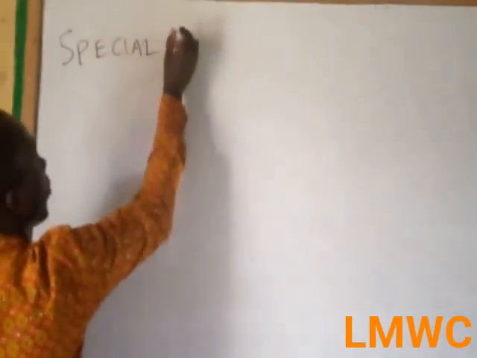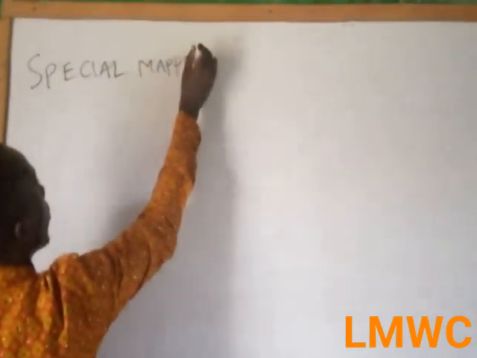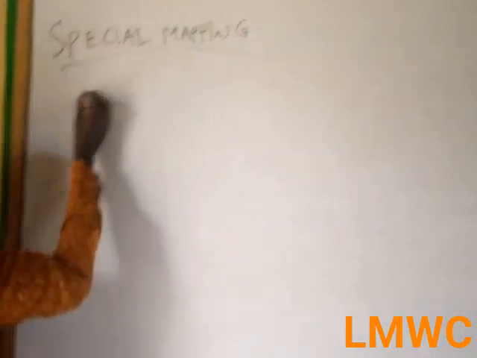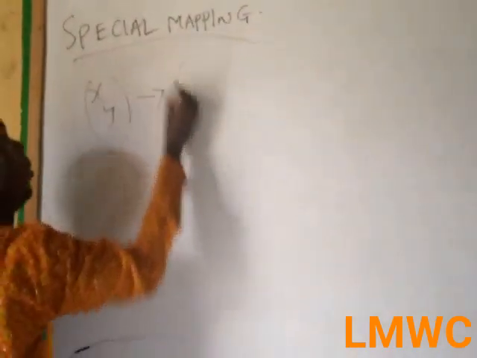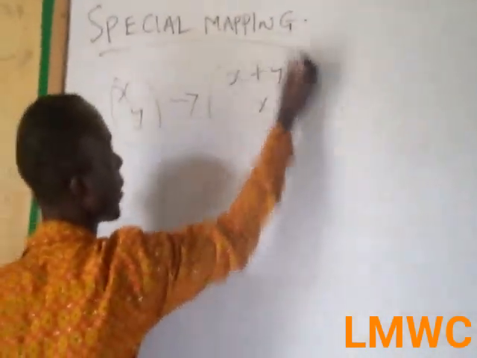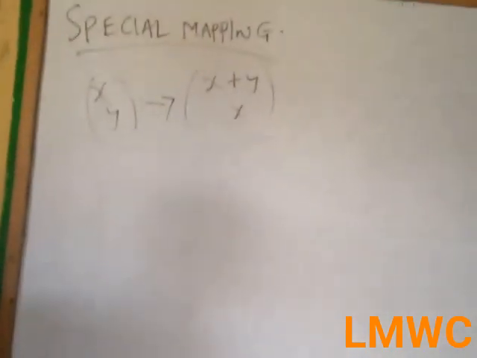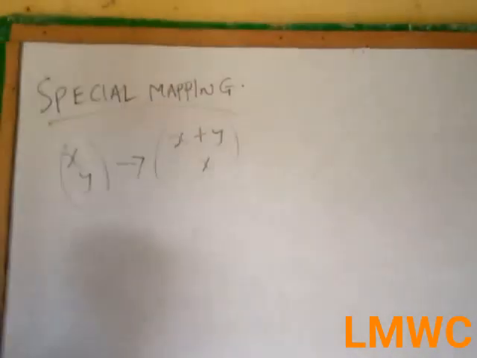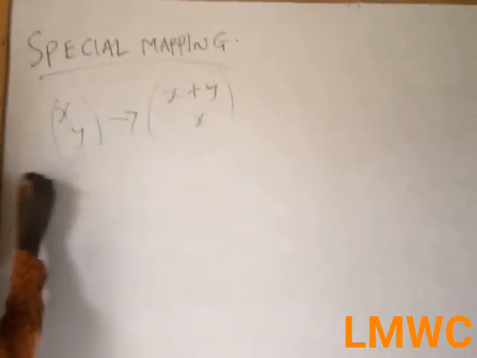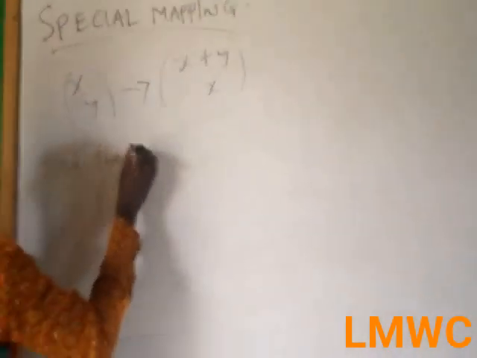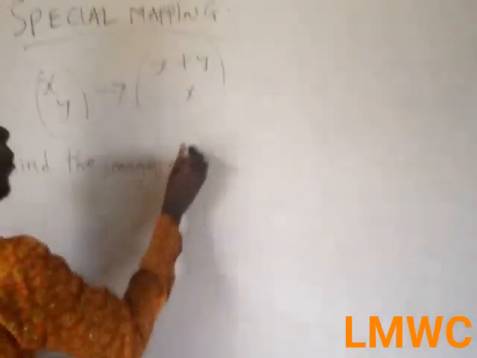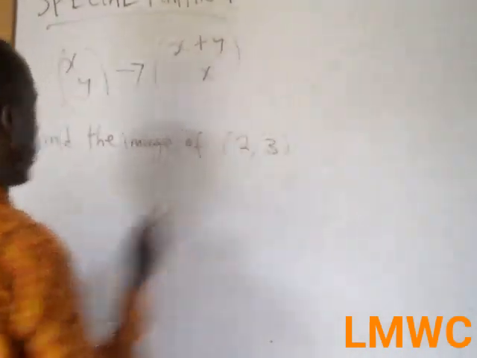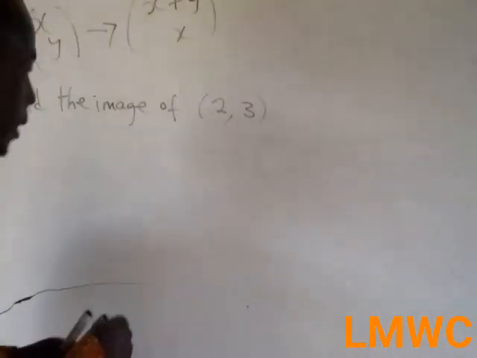So under special mapping, you will be given a formula. You are given (x, y) maps to (x + y, x). This is the formula. You will just follow the formula. If I give you: find the image of (2, 3), this means you locate your x and y value.